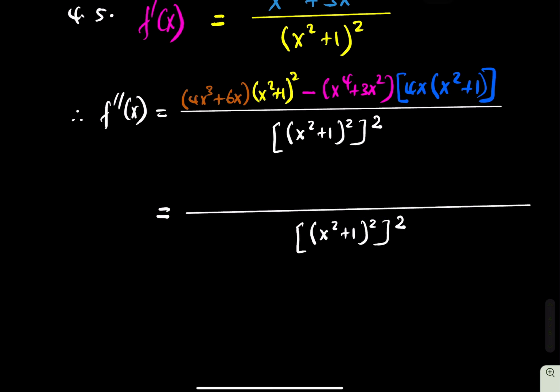So to simplify this, you need to have your 4x cubed plus 6x there. You now need to deal with this one.